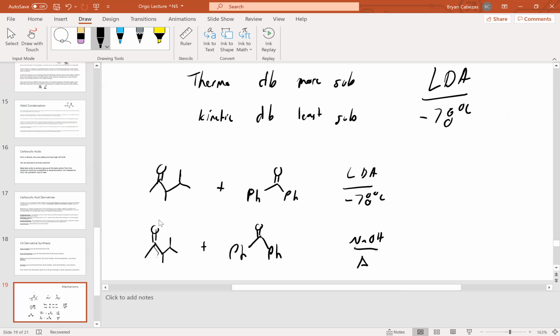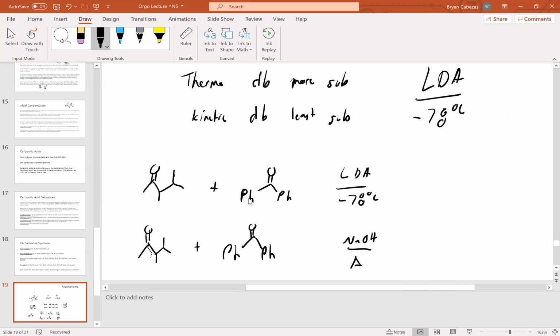So in this situation, the LDA is going to form the double bond on the least substituted end, and in the NaOH case, with the heat, we're going to have the double bond on the more substituted end. This one is going to be the nucleophile that comes in and attacks the carbonyl group, and this one, on the other hand, would be the nucleophile that comes in and attacks the electrophilic carbon on the carbonyl group.